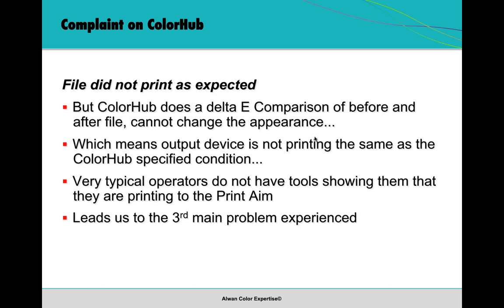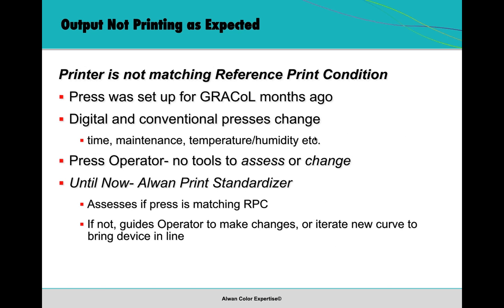So it won't look different from the original unless the output device is not printing the same as what you told ColorHub to optimize it for. Meaning, you might be telling ColorHub to optimize it to Grackle, but your output device isn't really printing Grackle. And this leads us to our third main problem, and the reason that Alwan came out with Print Standardizer.